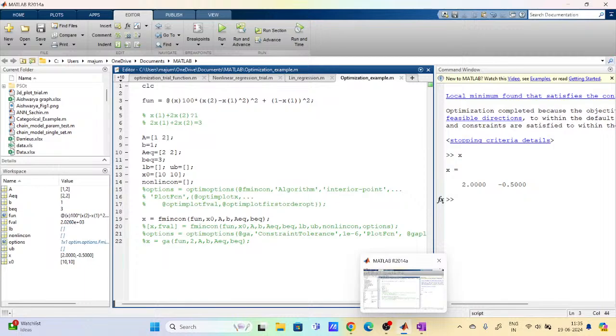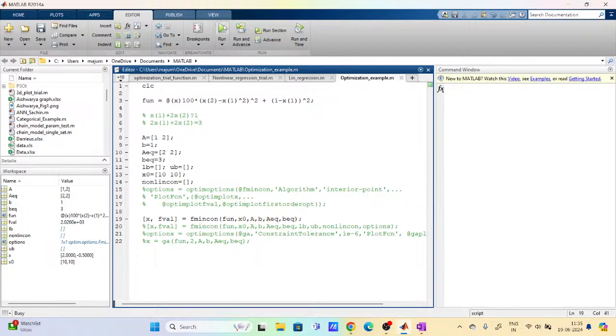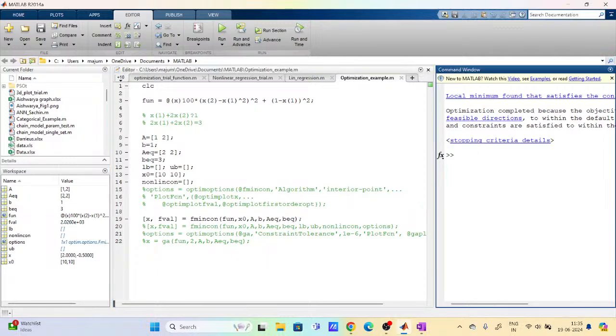The code is this: x comma fval. The x values are already there, so if you run this, just put x here. These are the values of the strategic decisions. Now fval means the reduced cost, the minimum cost they can obtain.